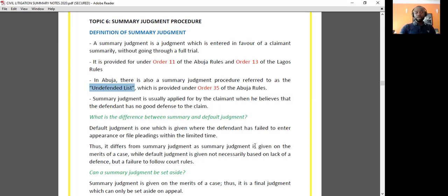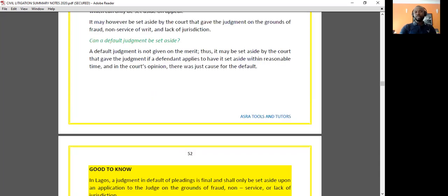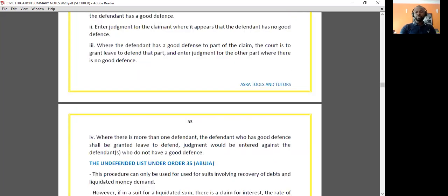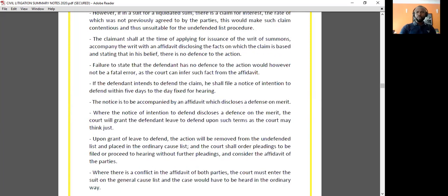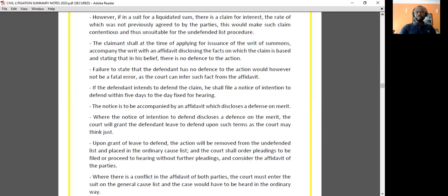However, there are very slight differences you would find between the summary judgment procedure we have under Order 13 of the Abuja Rules and the undefended list under Order 35 of the rules. And let's just see what some of those differences might be.